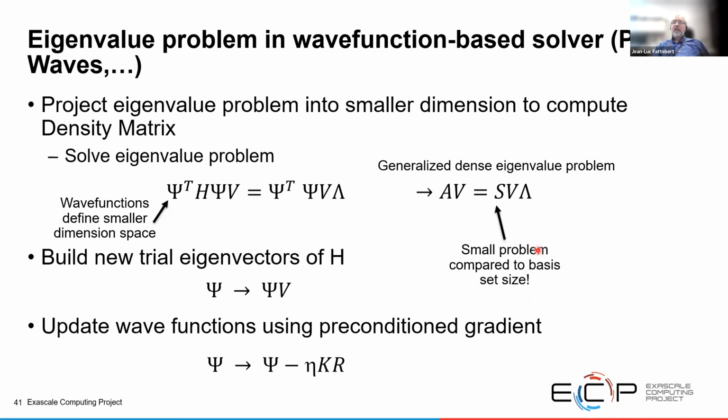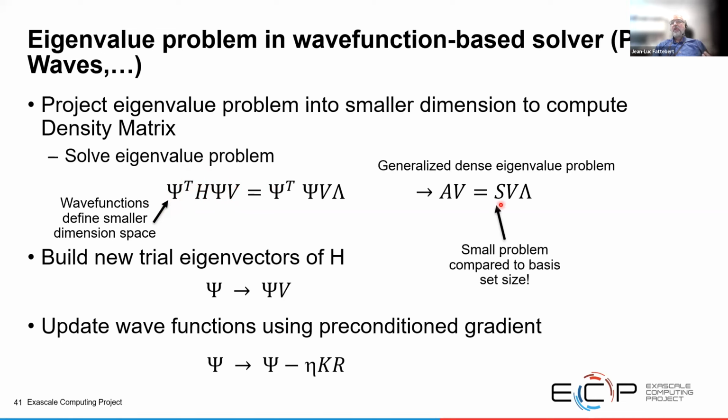Now, as I said, you typically don't solve this problem directly in this large space. That could be a mesh of maybe 128 cubed or more. What you do is find a trial subspace in which you're going to improve over time. So this is a tall and skinny matrix, and you project that whole problem onto a much smaller subspace.